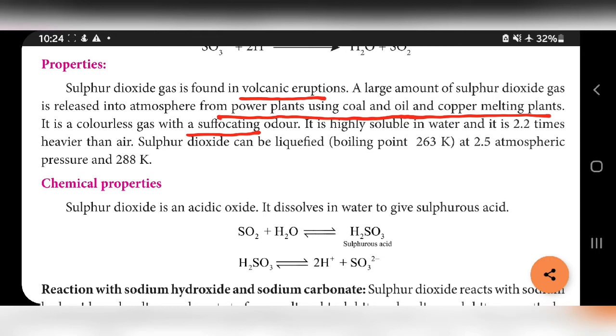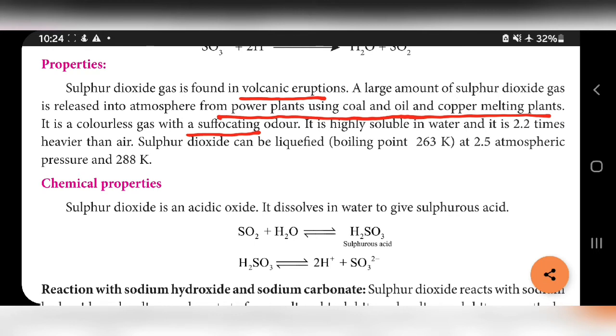At this temperature and pressure, we can convert sulfur dioxide into liquid. It is heavier than air, with a suffocating odor. It is released from plants, factories, power plants, copper melting plants, and it is found in volcanic eruptions also.